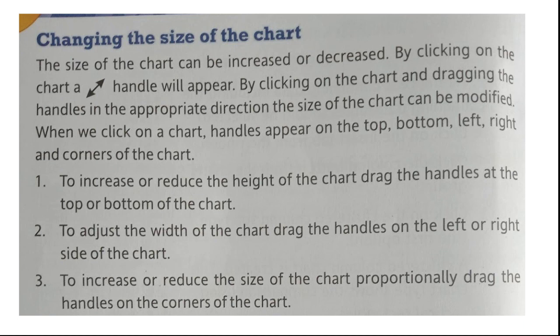To increase or reduce the size of the chart proportionally, drag the handles on the corners of the chart, so that length and breadth both change. You pull the corners or push the corners. So these are all the methods to change the size of the chart.